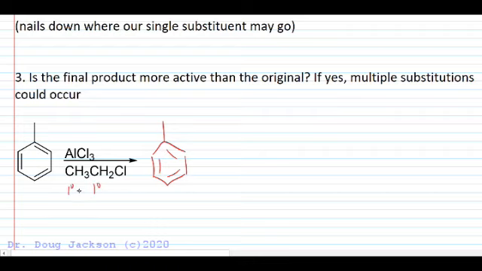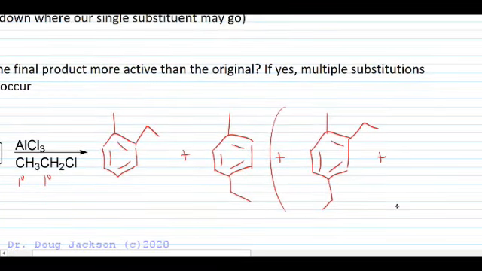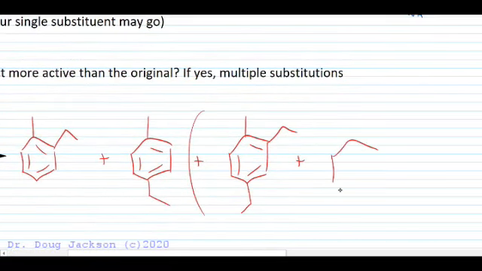So Friedel Crafts alkylation, there's only primary carbons on this, so no rearrangements possible. We see that ortho tends to be the major product. And you also get some para, because again, methyl is smaller than ethyl here. We'll talk about that in a moment. So we get the major product. But also, you get a couple of byproducts that are visible to a decent degree where you have multiple substitutions.